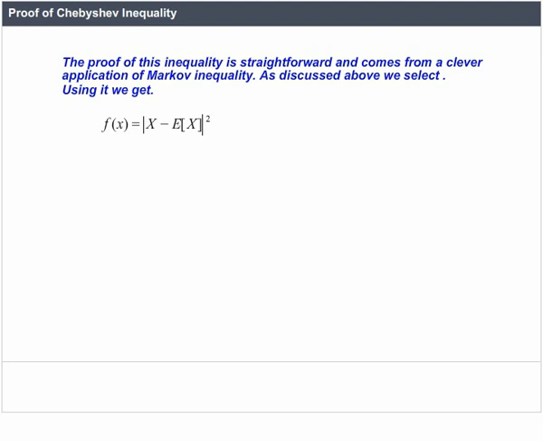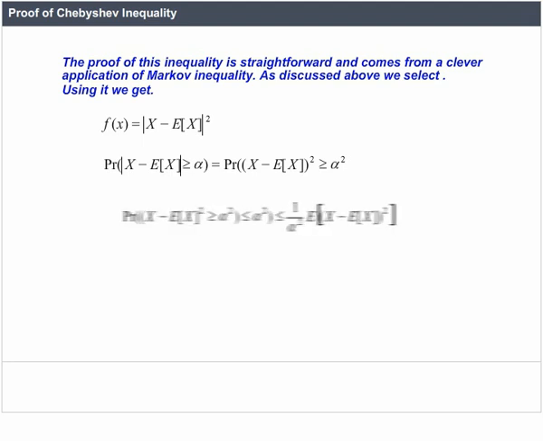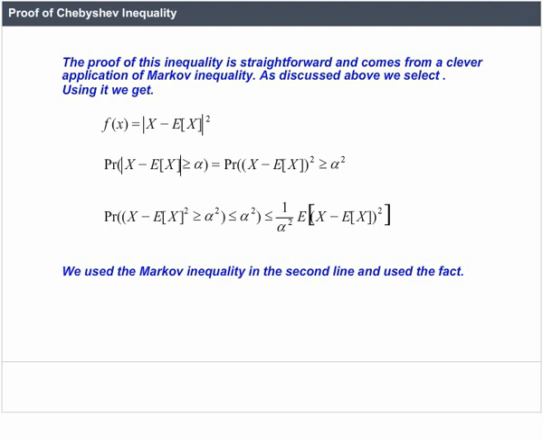Probability of |x minus expectation of x| greater than or equal to alpha equals probability of (x minus expectation of x) whole square greater than or equal to alpha square, which is less than or equal to 1 by alpha square expectation of (x minus expectation of x) whole square. We used the Markov inequality in the second line and used the fact that variance of x equals expectation of (x minus expectation of x) whole square.